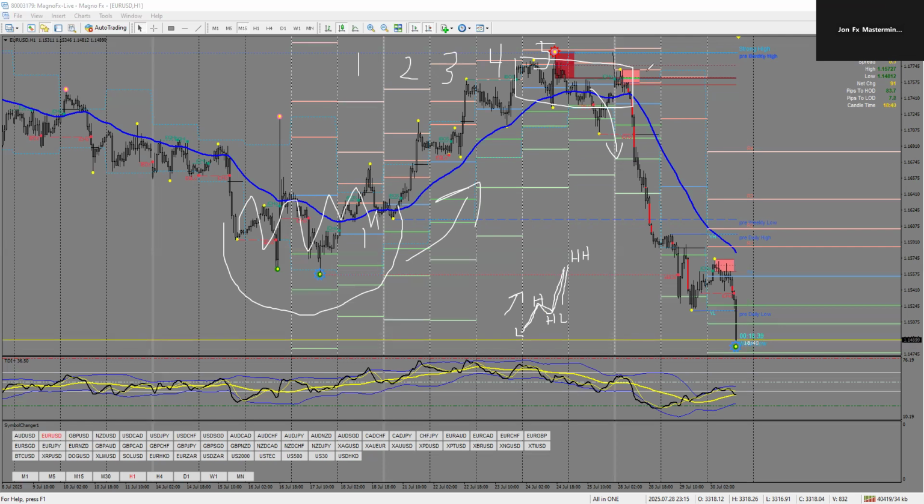If you come to your desk and you see it's curving down, what you're looking for is for it to have curved down from a high and then made a low, then pulled back from that low and made a lower high, and then a lower low.